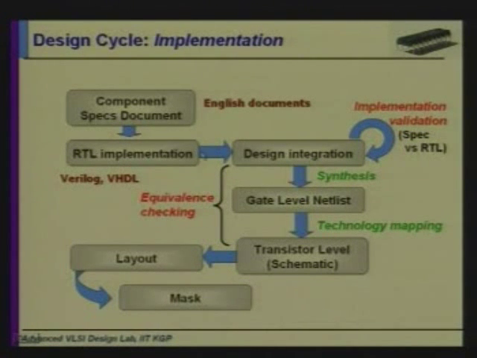So in RTL implementation, suppose for the design we need n modules. Now each of the n modules will be written in Verilog or VHDL. So after this step we will have n Verilog descriptions that together will make this design. Now once we have these n individual Verilog descriptions of the modules, we need to integrate those descriptions.